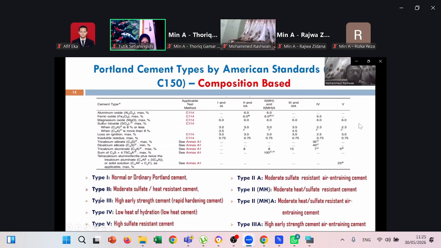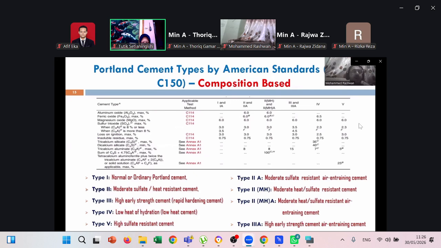And so on. Type 2 is named moderate sulfate or moderate heat cement, and this type of cement is used in environments that contain some sulfate content as SO3 or SO4.